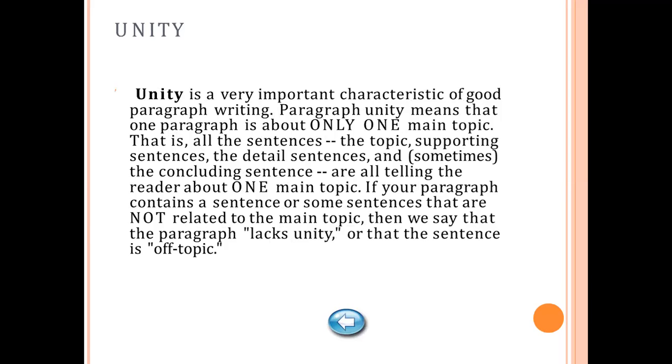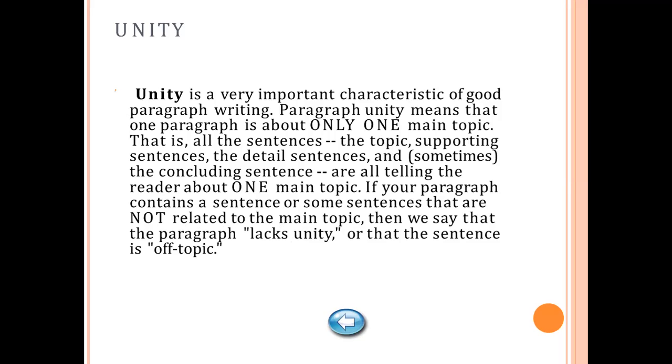So in coherence, we should consider the term unity. Unity is a very important characteristic of good paragraph writing. Paragraph unity means that one paragraph is about only one main topic. That is, all the sentences, the topic sentence, supporting sentences, detail sentences, and sometimes the concluding sentence, are telling the reader about one main topic.